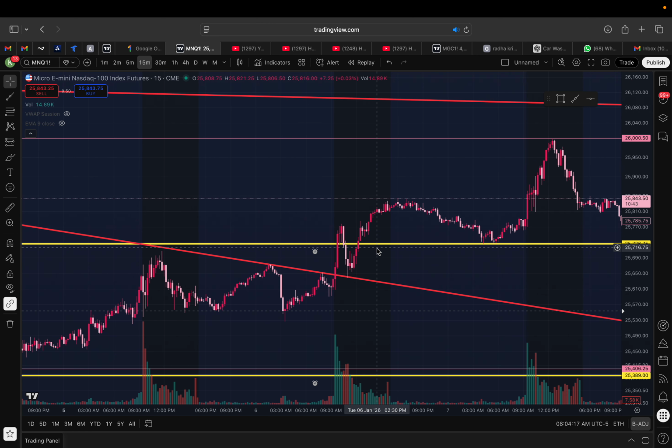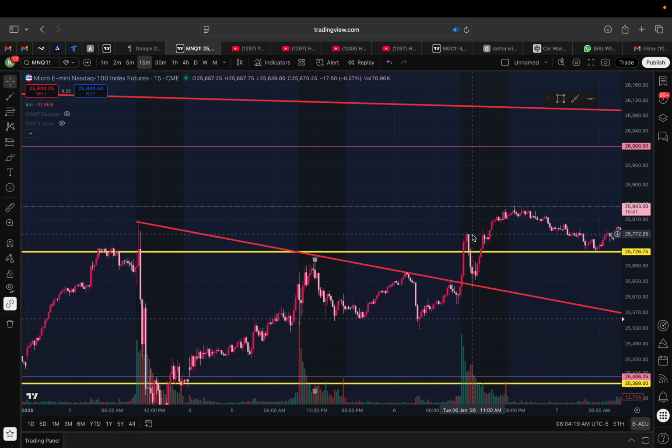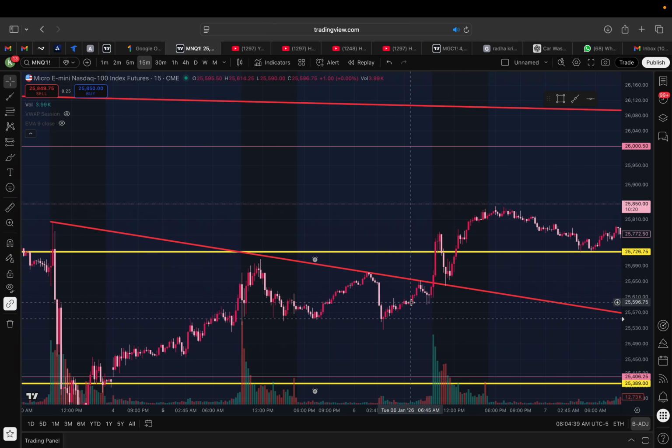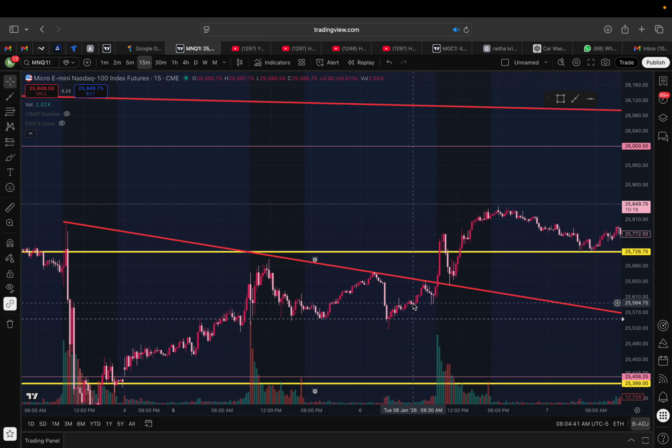And then according to my 3 candle rule, I entered here and then it immediately went against me. 9:30. Maybe I need to figure something out because I'm not okay with this.